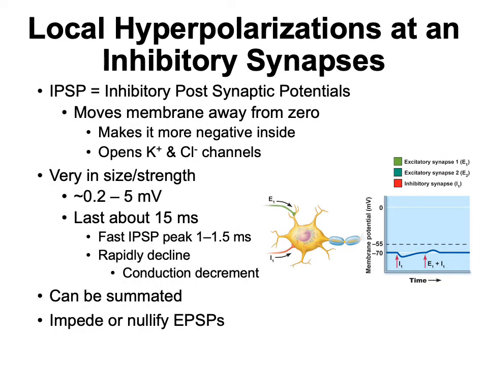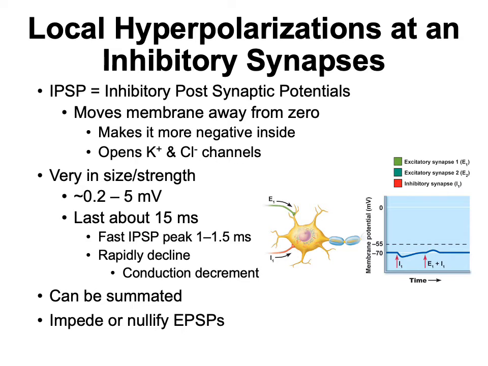Local hyperpolarizations at an inhibitory synapse. Inhibitory postsynaptic potentials, IPSPs, move the membrane away from zero, making it more negative on the inside. They do this by opening potassium and chloride channels. They too vary in size and strength. It's almost the same as the EPSPs.